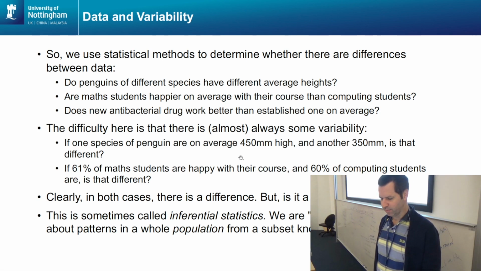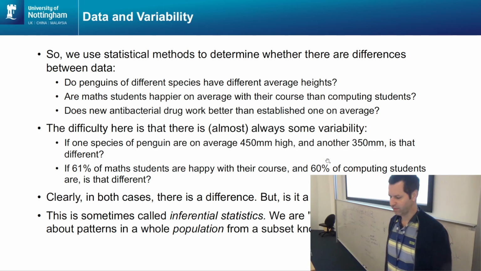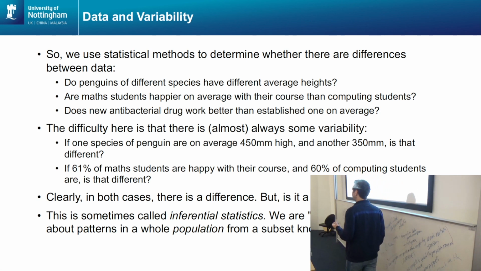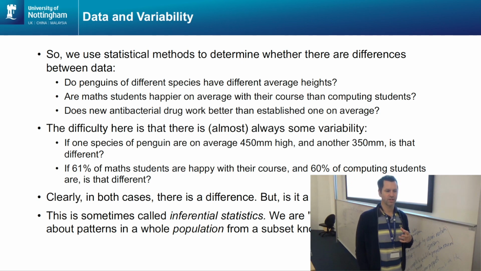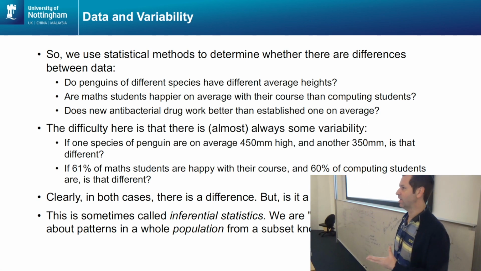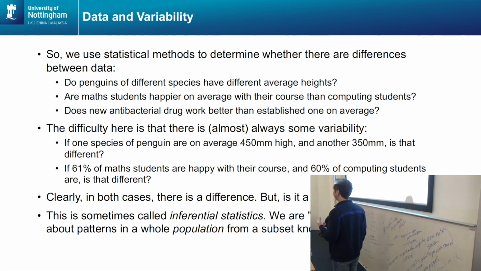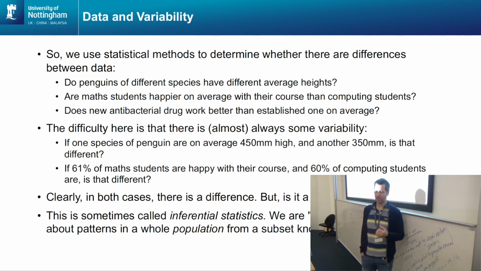If 61% of math students are happy with their course and only 60% of computer science students are happy, can I really draw conclusions from that? Is there a way that I can support my conclusions with statistical evidence? Are those meaningful differences or not?